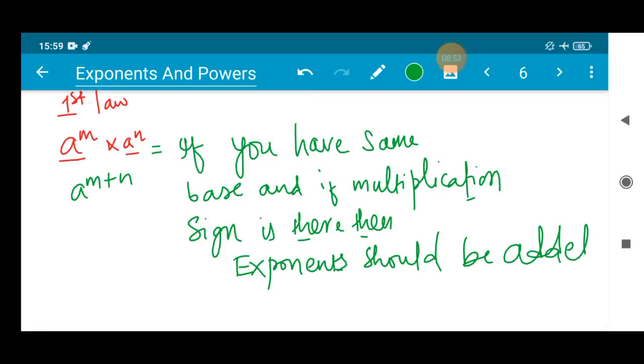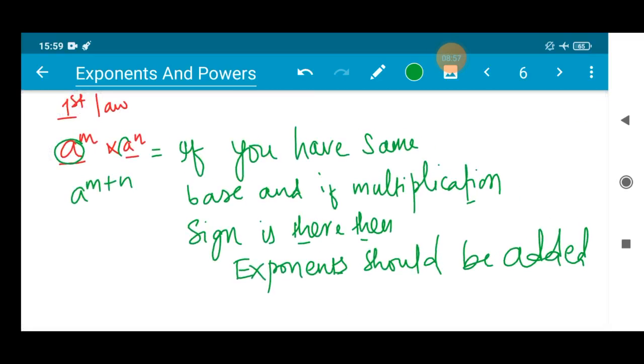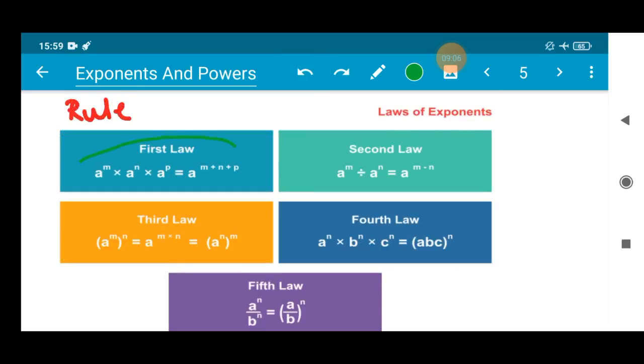So when you have the same base, right, and if a multiplication sign is there, then the exponents should be added at that time. So what we have done here, this is the funda here. Okay, so this is the first law.